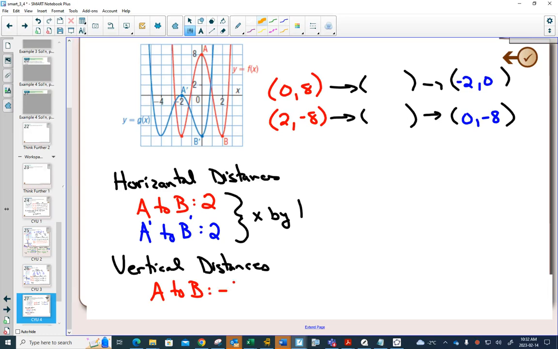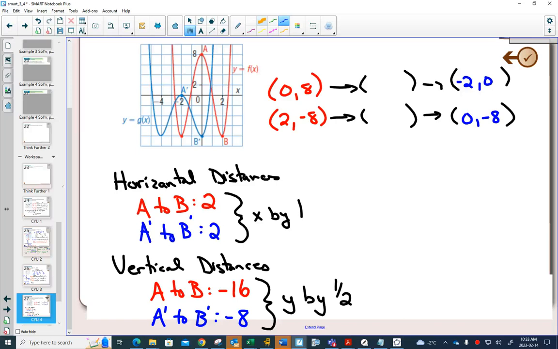From A to B is down 16. So we put a negative sign because we're going down. From A prime to B prime, we start at 0, we go down to -8, we would go down 8. Has there been any multiplying here? Yes. How would I multiply from 16 to get to 8? The y values are getting multiplied by half.